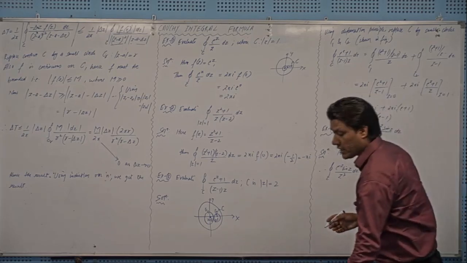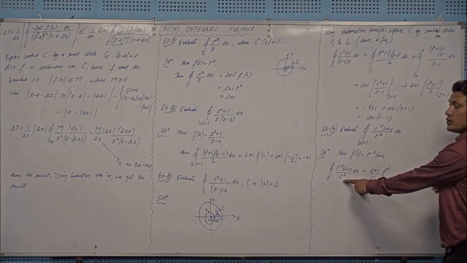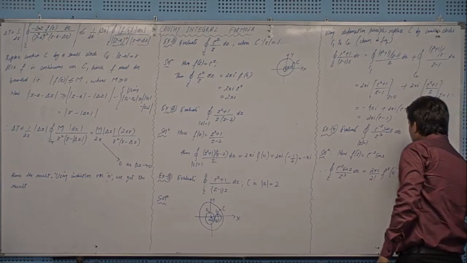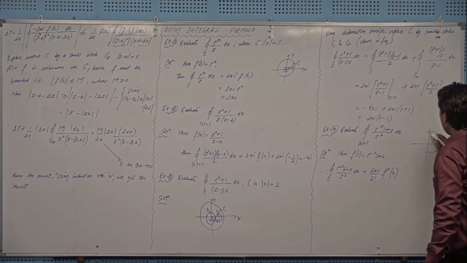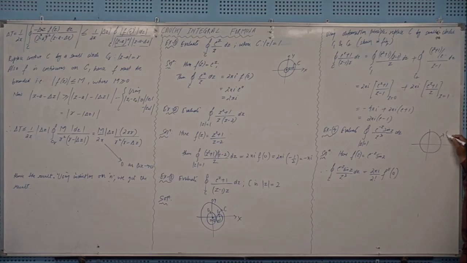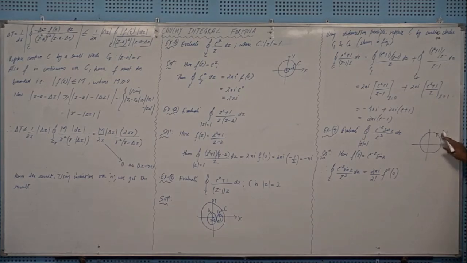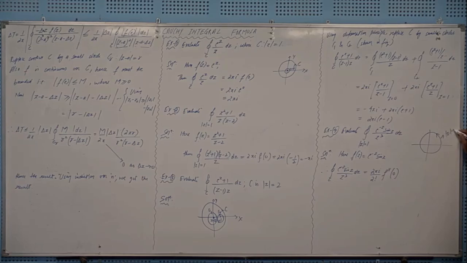That was actually f double dash of a, and what is a? z equal to 0, right? We should draw the picture here in order to understand it correctly. This was a circle C, and direction is anti-clockwise, and the circle is mod z equal to 1, right? Okay.